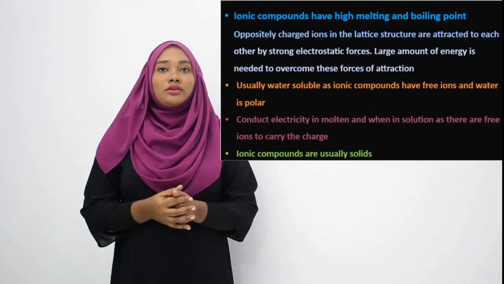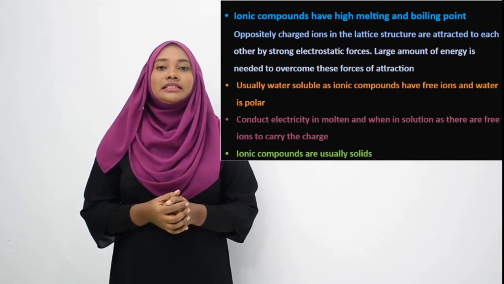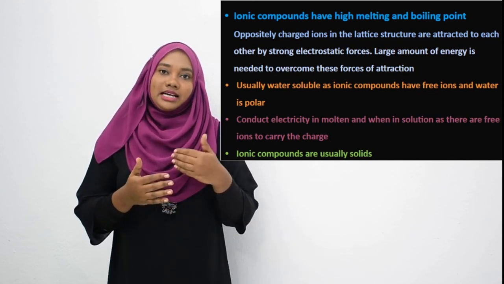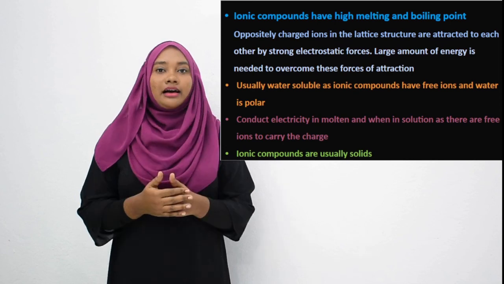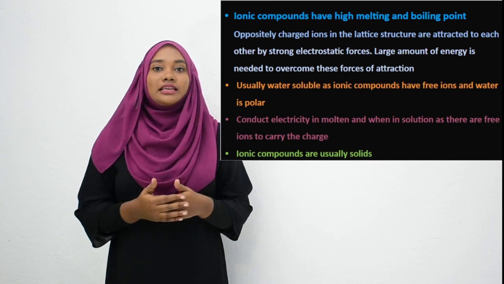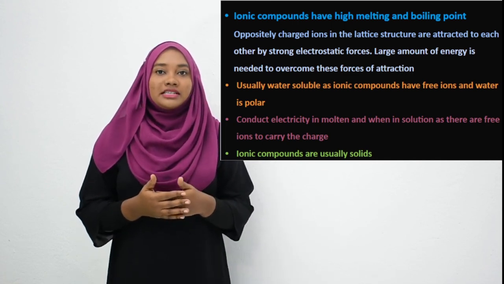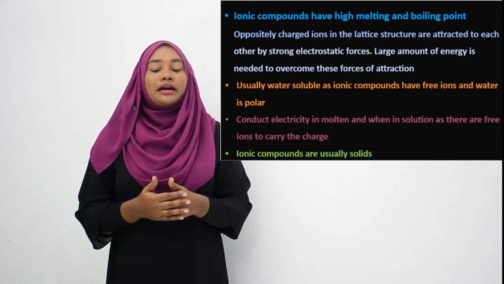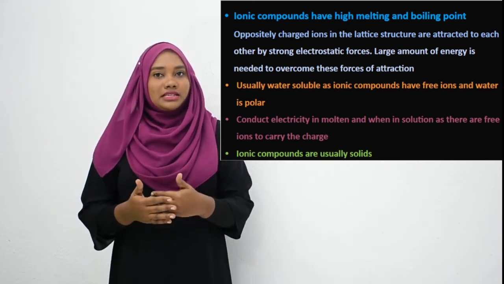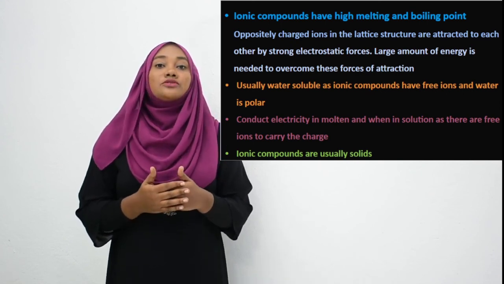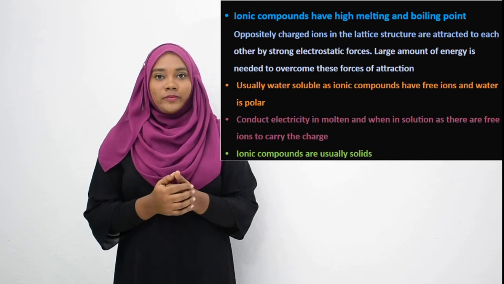Ionic compounds have a high melting and boiling point because the oppositely charged ions in the lattice structure are held together by strong electrostatic force of attraction. So a lot of energy is needed to separate the ions.